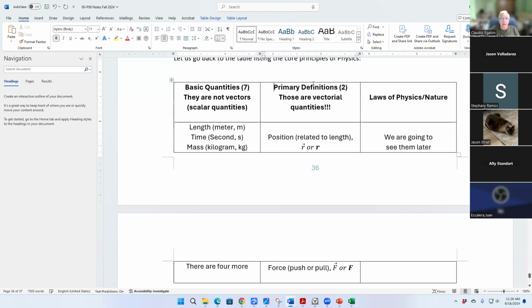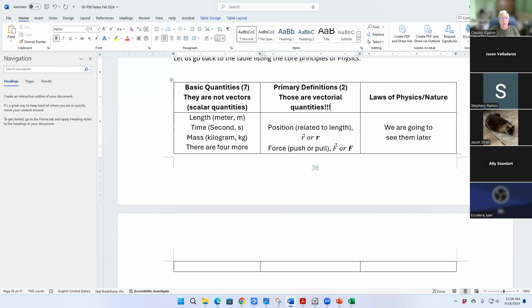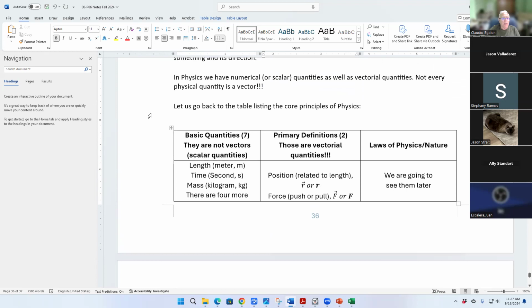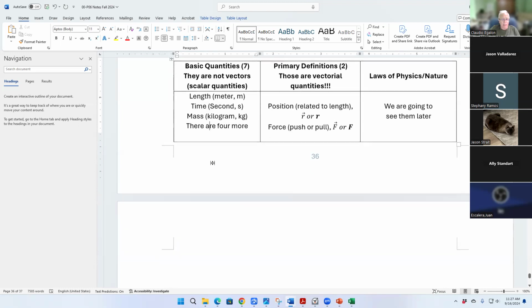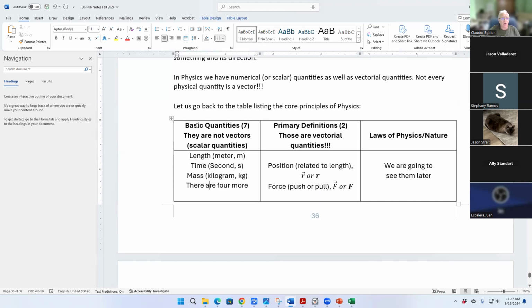I want to simplify this table here. Okay, good. So here you go. Remember we had the basic quantities of physics and the primary definitions. We still didn't cover any laws of physics, so let's skip that for now.